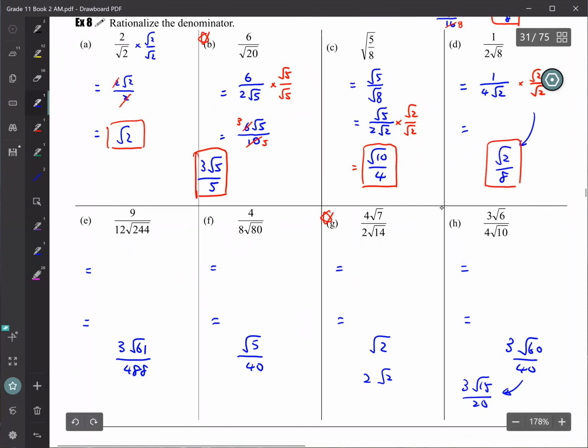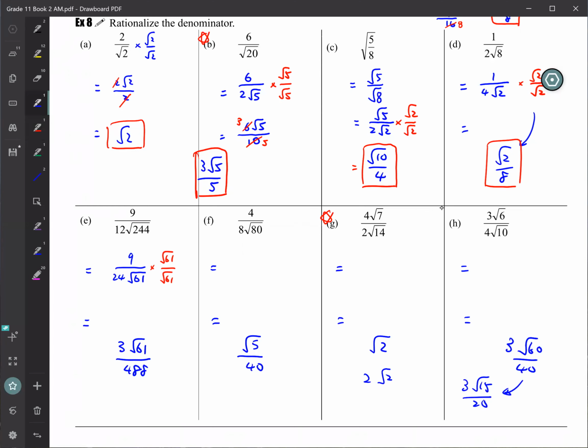Next one gets a little bit harder because you get a bigger number there. For 244, we can take a pair of 2s out as well, so 2 goes out, 24, and then that will give you 61. Then we rationalize the root 61. You might need to do the multiplying on the side.